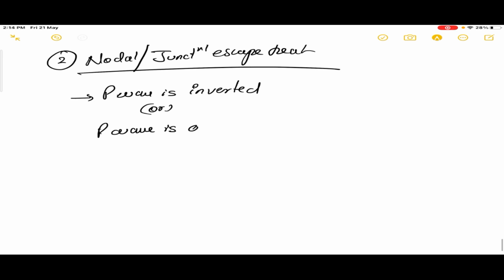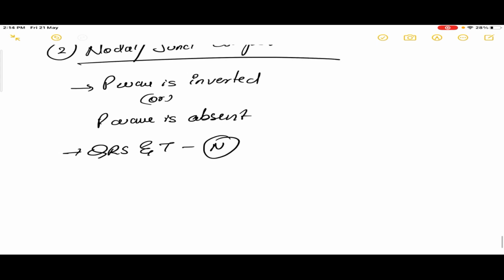Again, QRS complex and T wave are normal. So this is nodal or junctional escape beat.